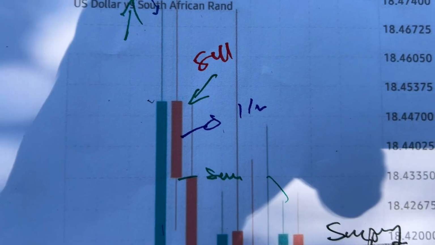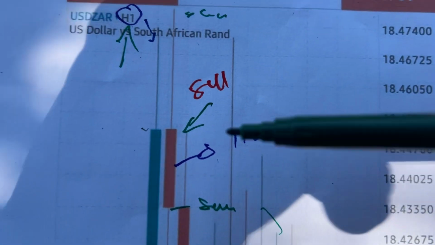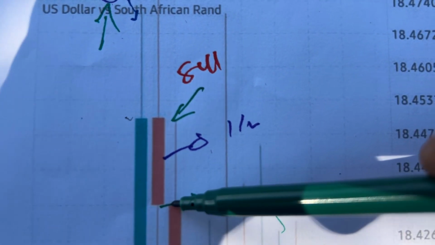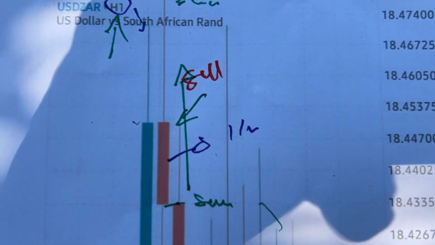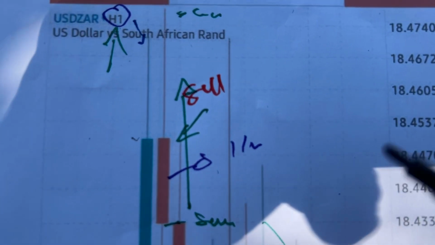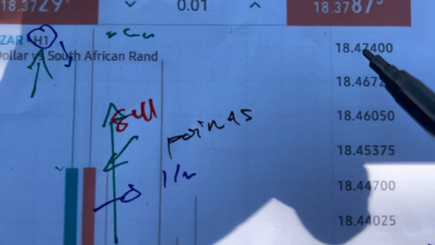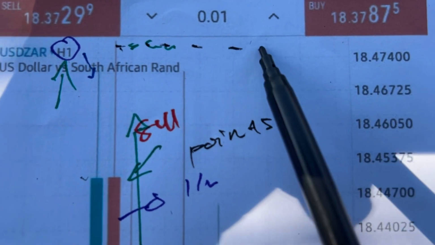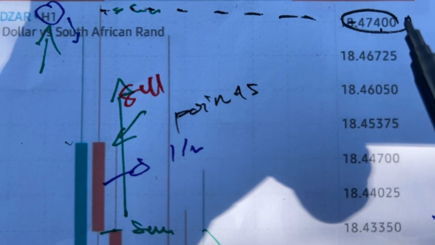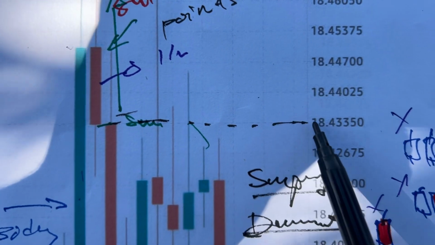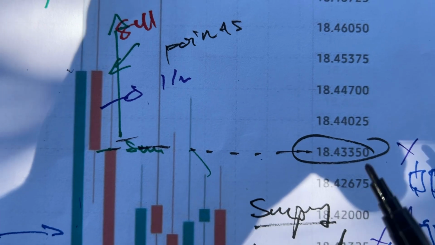However, you must be mindful that from here to this point, we have points. And these points are being calculated because, remember, we talked about price. So we'll be minusing this price and the price that you went in with.